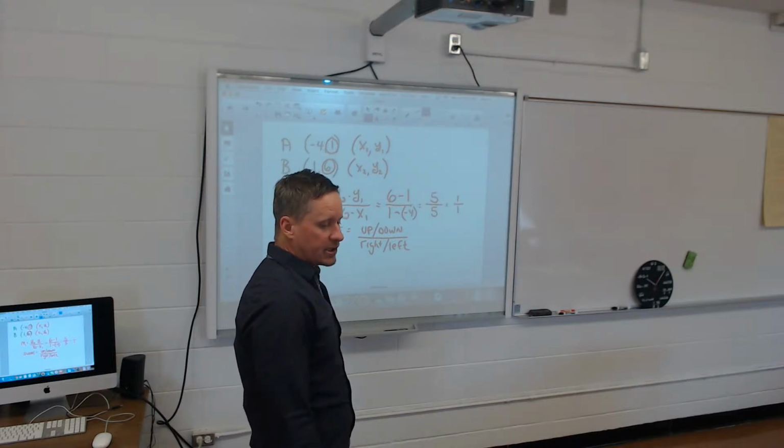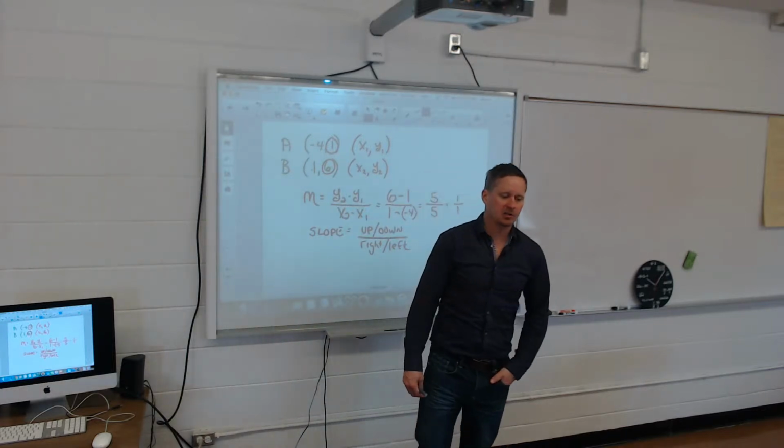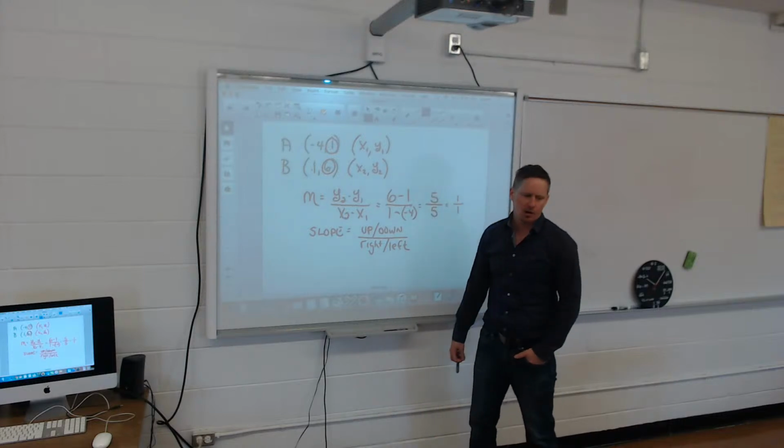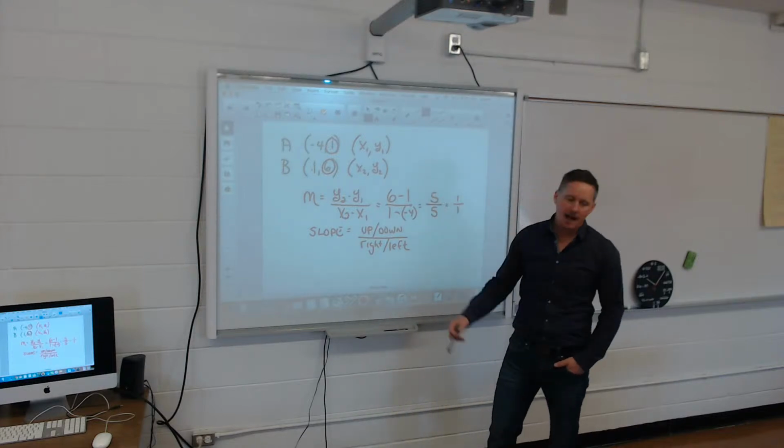So using the equation is one way in which we can find the slope of a line. The second way to find the slope of a line is to actually plot it.